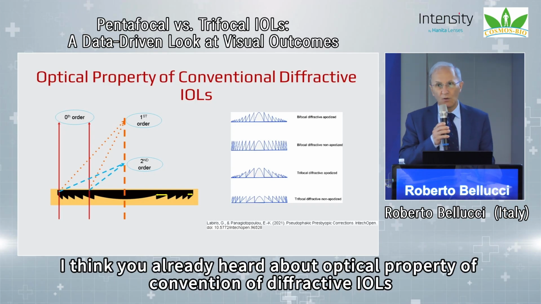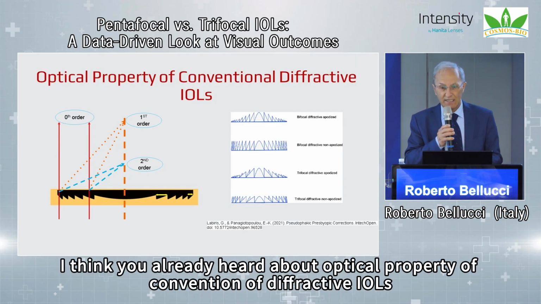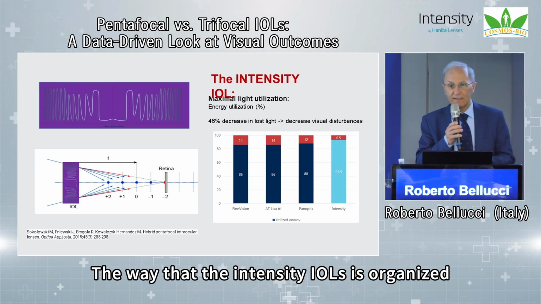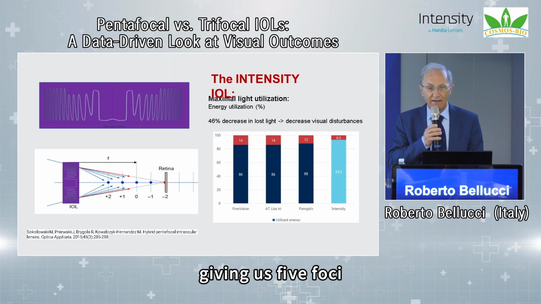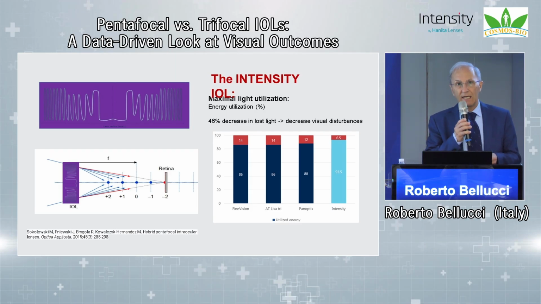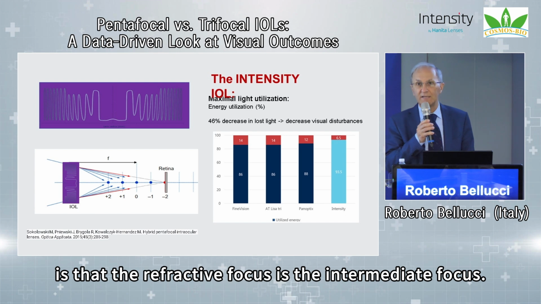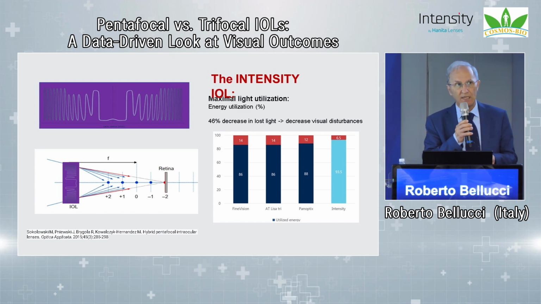I think you already heard about the optical property of conventional diffractive IOLs, and the way that the Intensity IOL is organized, giving us 5 foci. One important thing of this IOL is that the refractive focus is the intermediate focus.